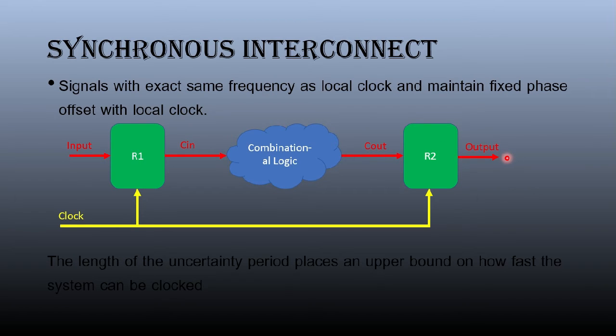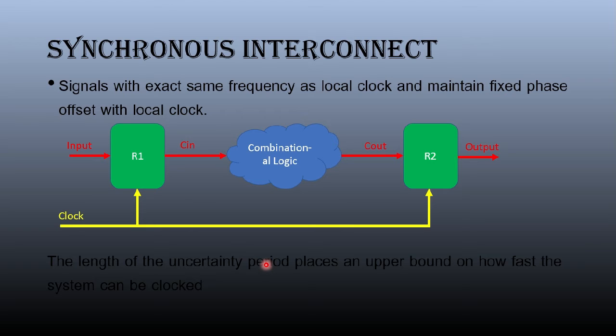So the length of the uncertainty period places an upper bound on how fast the system can be clocked. The uncertainty period consists of both setup and hold timings. We will discuss setup and hold timing in future videos. So this uncertainty period places an upper bound, which means the frequency cannot be more than that.